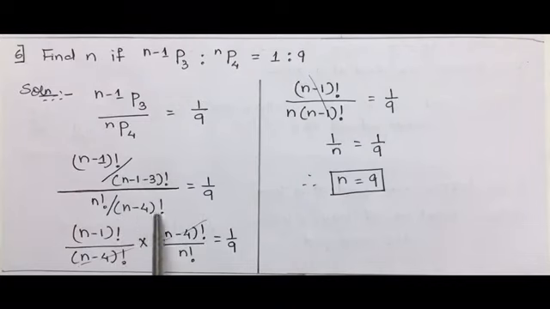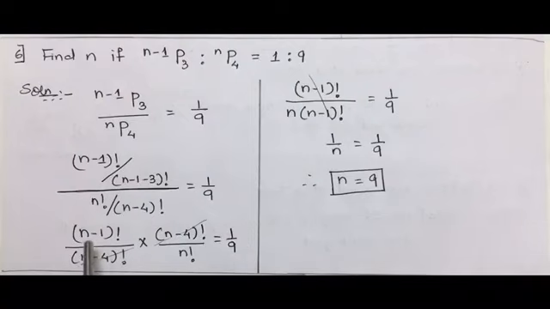Now n minus 4 factorial is taken up, n factorial remains down. n minus 1 minus 3 gives n minus 4 factorial. Now n minus 4 factorial and n minus 4 factorial get cancelled. n minus 1 factorial upon n factorial remains, and that is equal to 1/9.